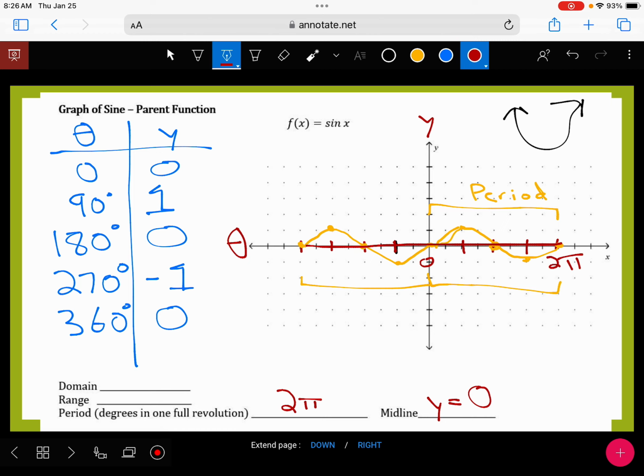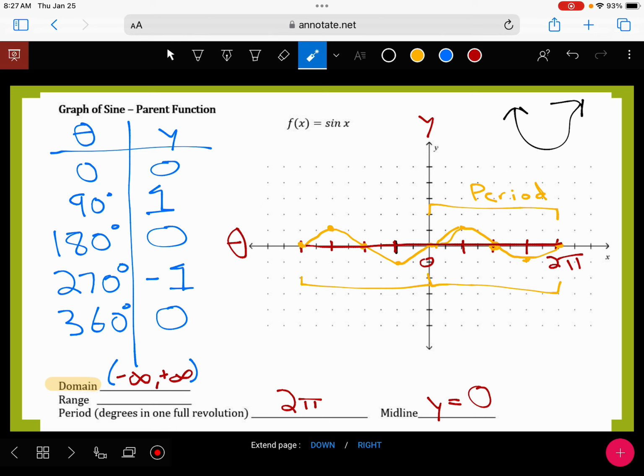And then domain. Domain's actually really nice, probably the easiest part of graphing trigonometric functions, because that domain is always going to be the same. The domain, make sure you do soft brackets, is going to be negative infinity to positive infinity.